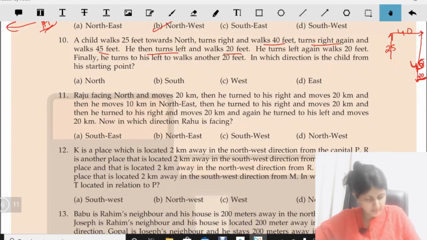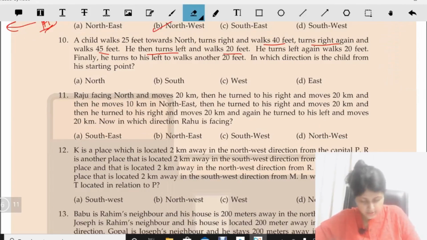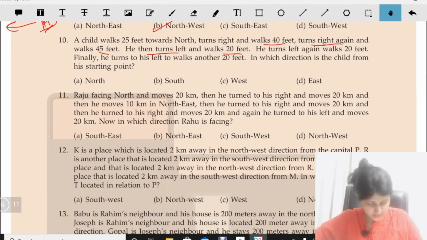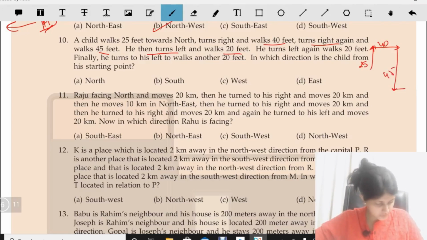Okay, again we are short of space. So let me solve this question again quickly. A child walks 25 feet north, turns right and walks 40 feet, then turns left and walks 45 feet, then turns left and walks 20 feet.